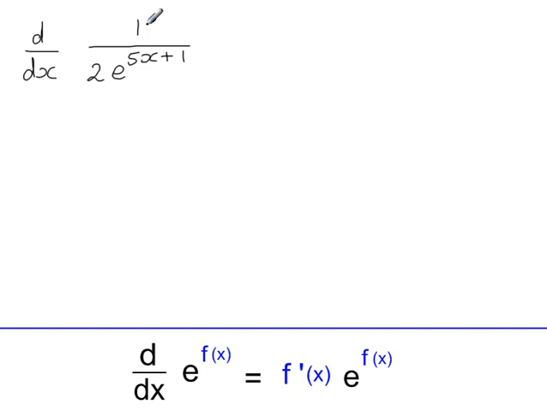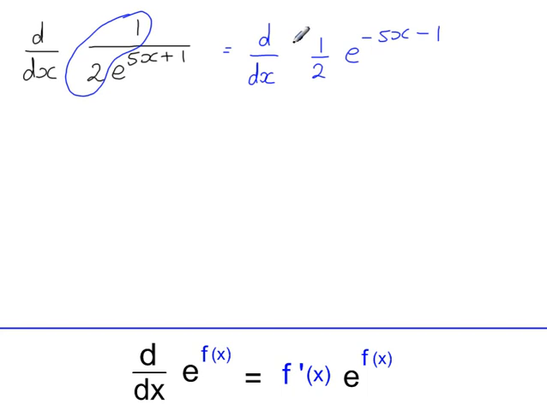Differentiating 1 over 2 e to the 5x plus 1. So rewriting this first, you can see the half there, so we've got a half e to the power of minus 5x minus 1. So we're going to differentiate a half times e to the power of minus 5x minus 1.